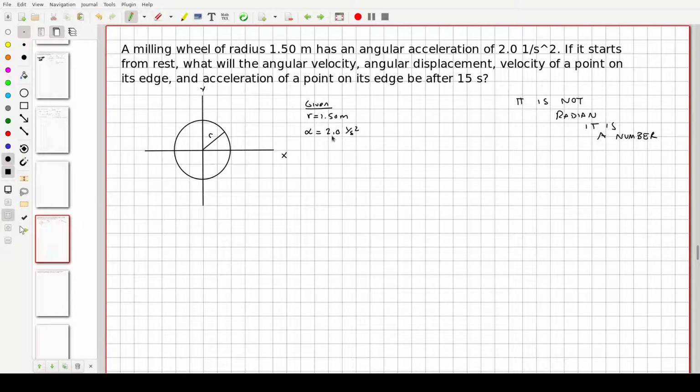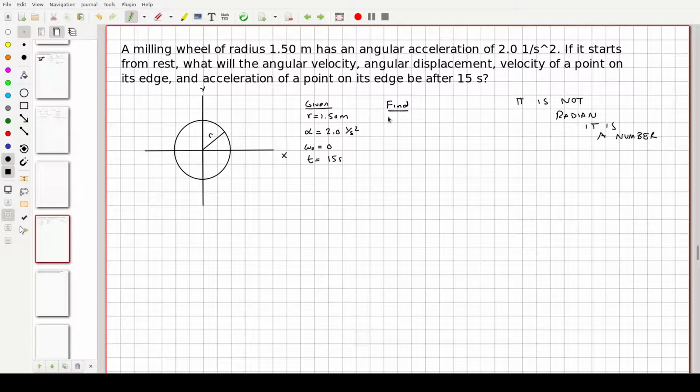Okay, so it starts from rest, which means that our angular velocity initially is 0. We also know we're looking for these quantities after 15 seconds. What quantities are there? What am I trying to find?